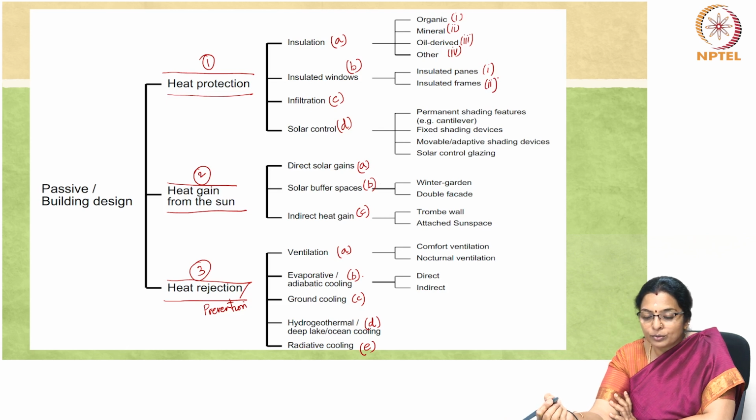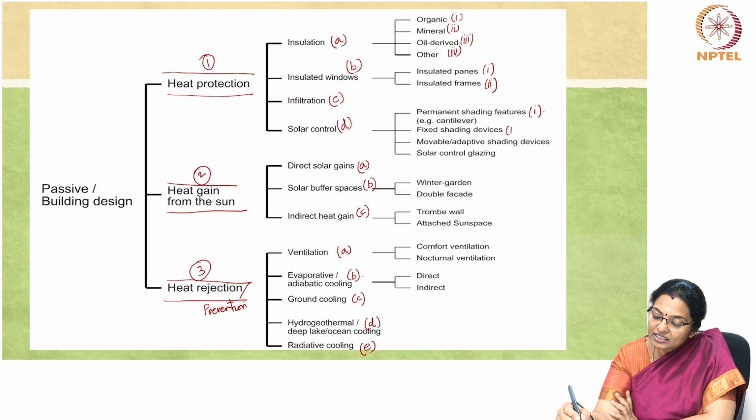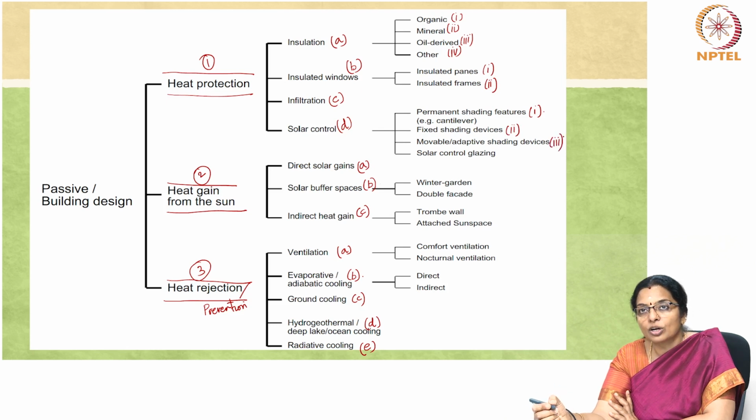In order to have a solar control, you can have permanent shading features like long cantilevers, or you can have fixed shading devices like vertical fins. You can have movable or adaptive shading devices, which we call as dynamic shading devices, and you can have solar control glazing.